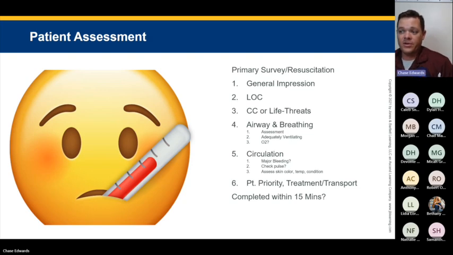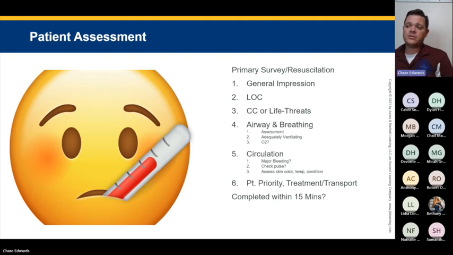His verbal, he's confused, and his motor response, he obeys commands. So what do you think his GCS would be? I haven't studied much on the Glasgow, but I'm going to say an 11 or a 12.